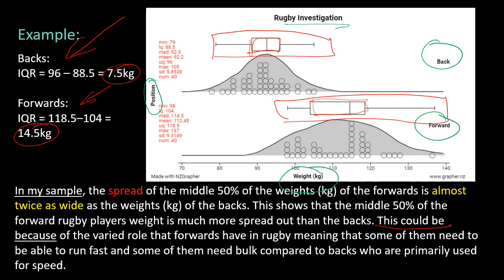This could be because of the varied role that forwards have in rugby, meaning that some of them need to be able to run fast and some of them need bulk compared to the backs who are primarily used for speed, right? So this person has actually given a reason for why this is the case. So that's an excellence level answer when we're talking about spread. We have to talk about why there would be such a difference in the weights of those people, right?